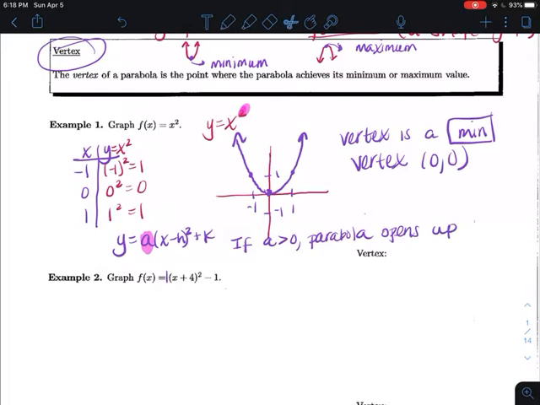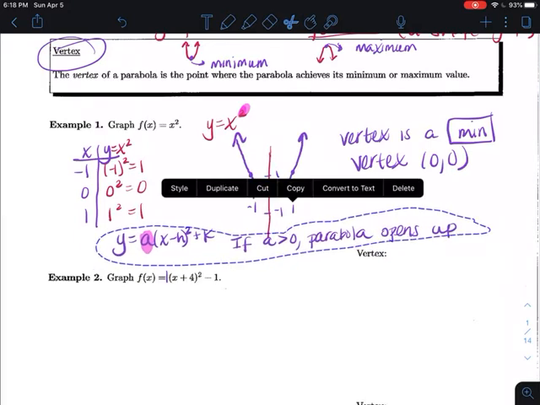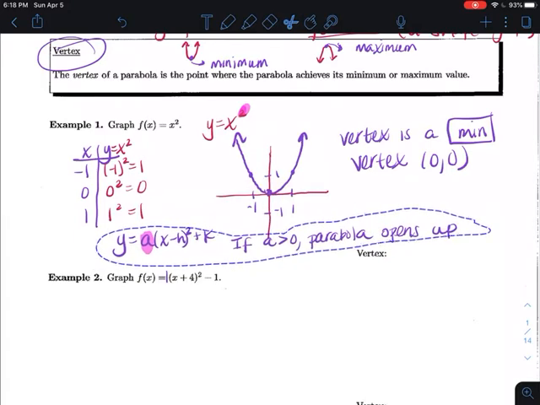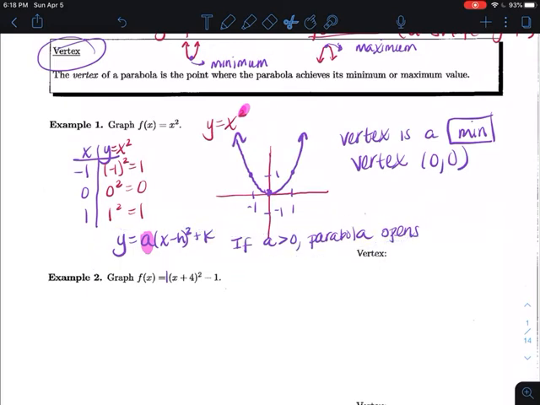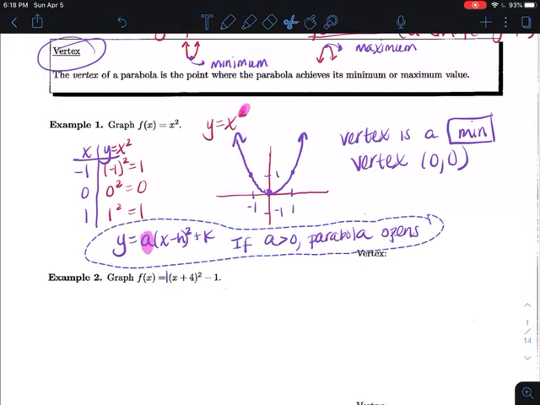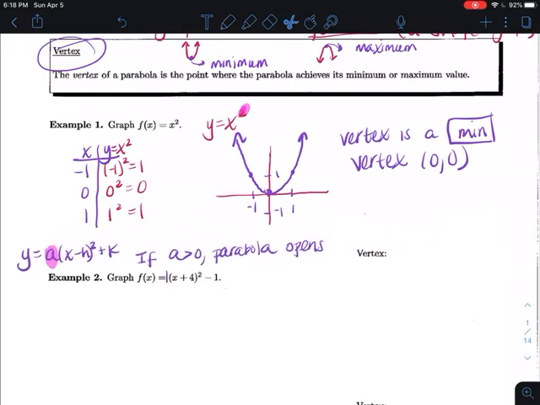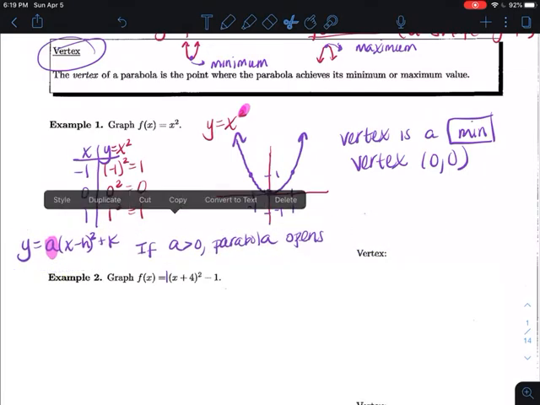We're talking about a generic parabola, y equals a, x minus h squared plus k.